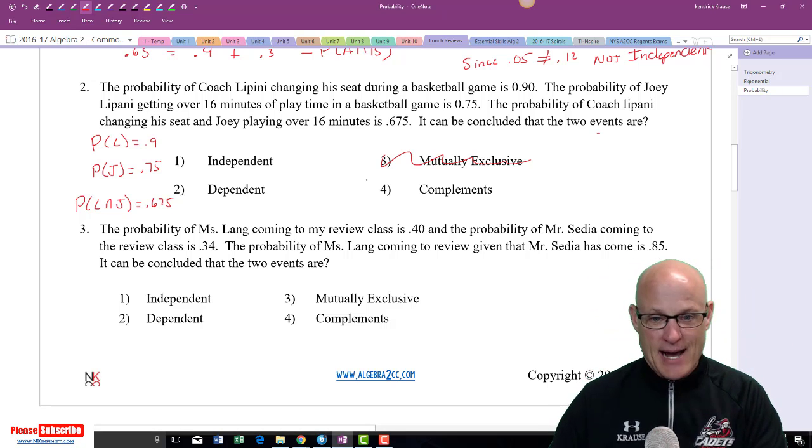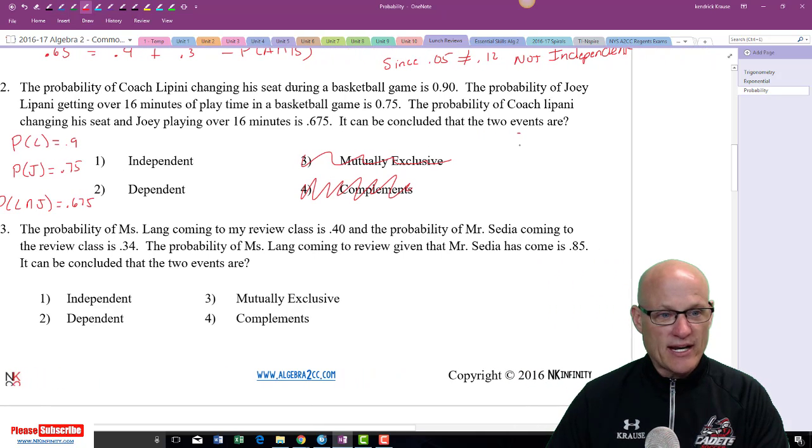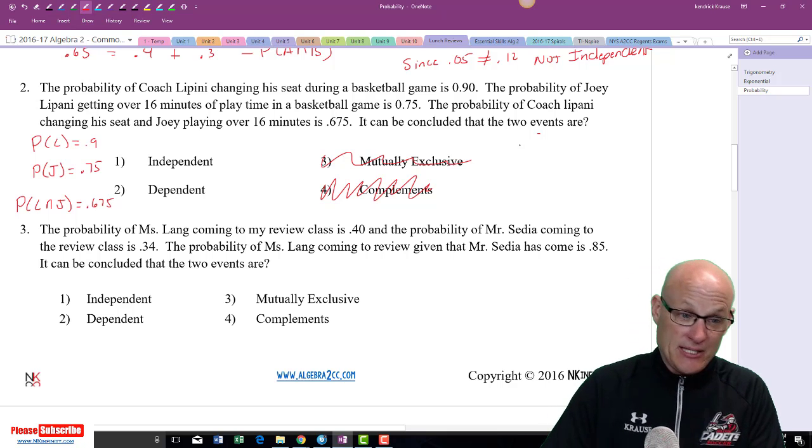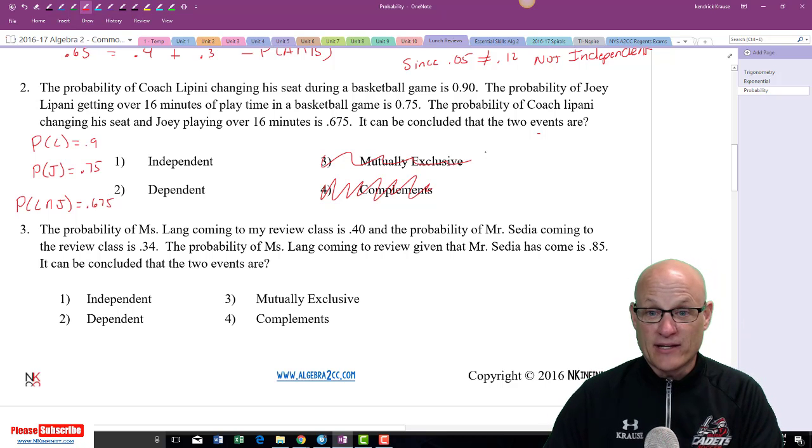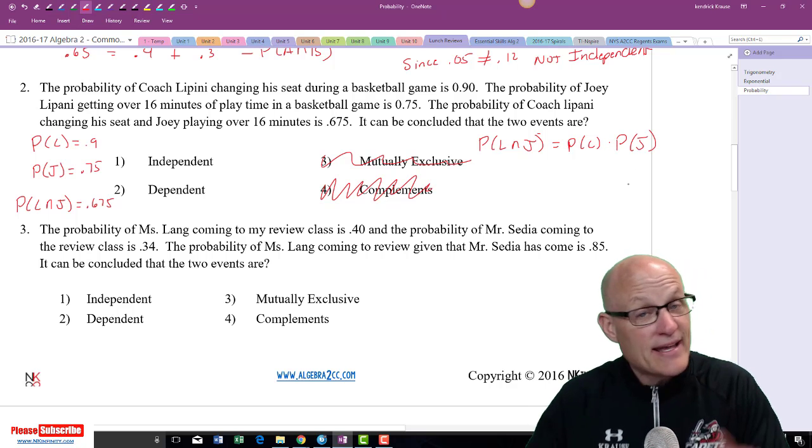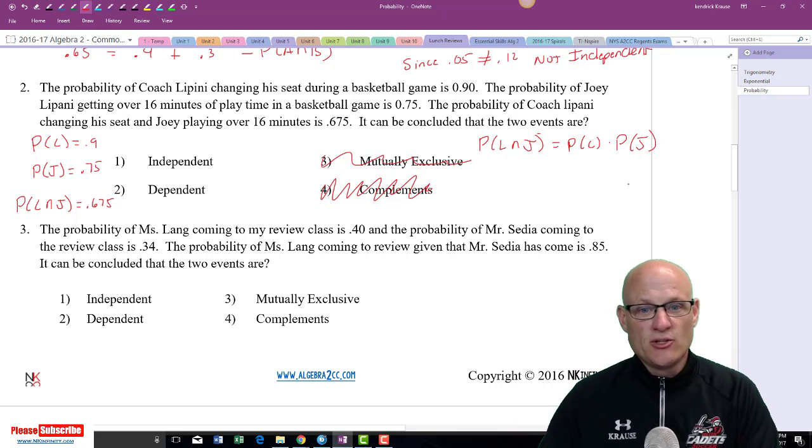But even if they were, they'd have to add up to 1. They don't. So now we either have to test for independence, or if they're not independent, they have to be dependent. Well, the fast test for independence is the probability of Lapani and Joey equals the probability of Lapani times the probability of Joey. If they're independent, that has to be true. So let's check it out.